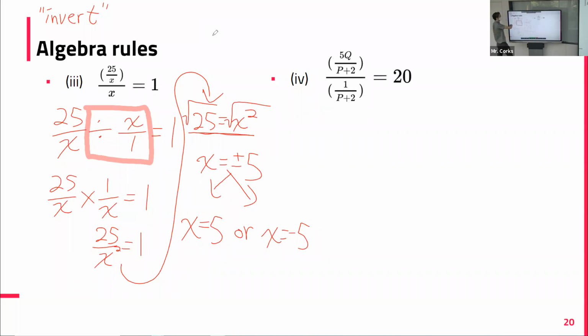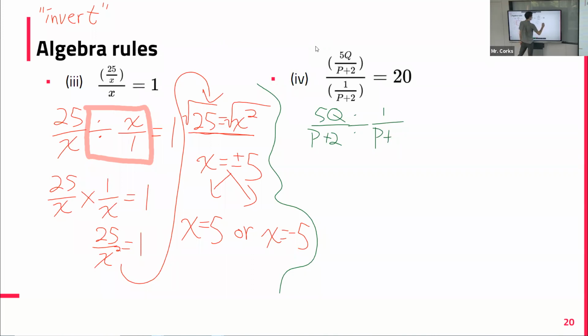All right, the one on the right, same process basically. So we'll write this out: 5q over 2 divided by 1 over p plus 2. We'll do the invert and multiply again just for clarity, and then it should be pretty clear.